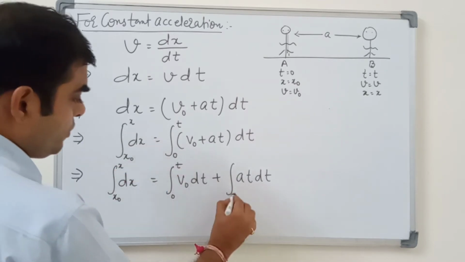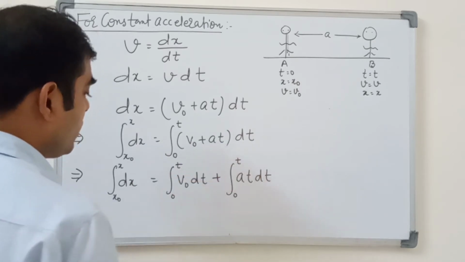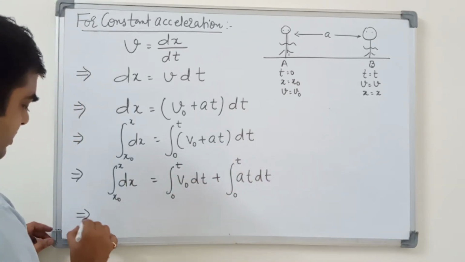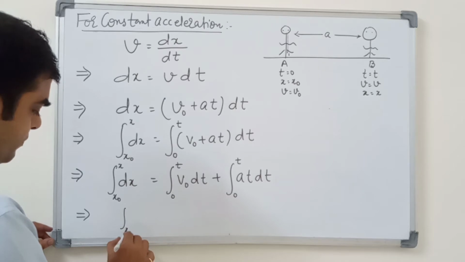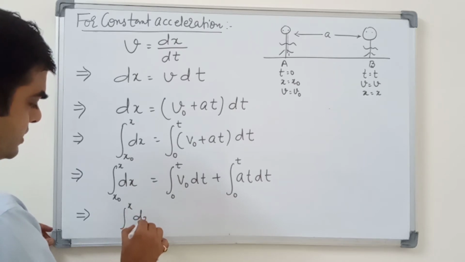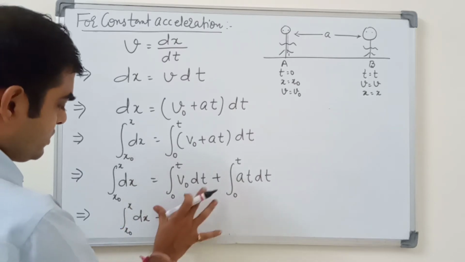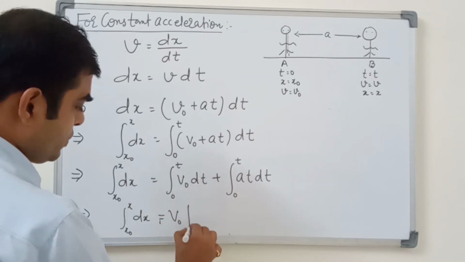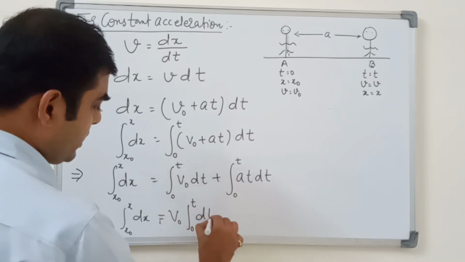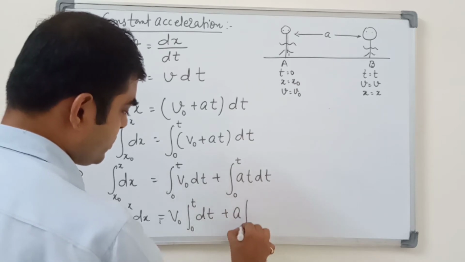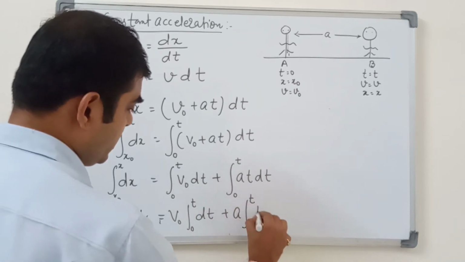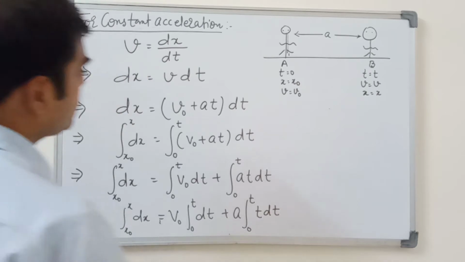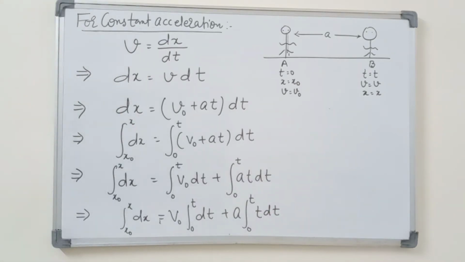Now again the left-hand side is as it is, the integral of dx. v naught is a constant, so the integral of dt from 0 to t, and a is also constant, so the integral of t dt from 0 to t. All of you write down this process, it is very clear.